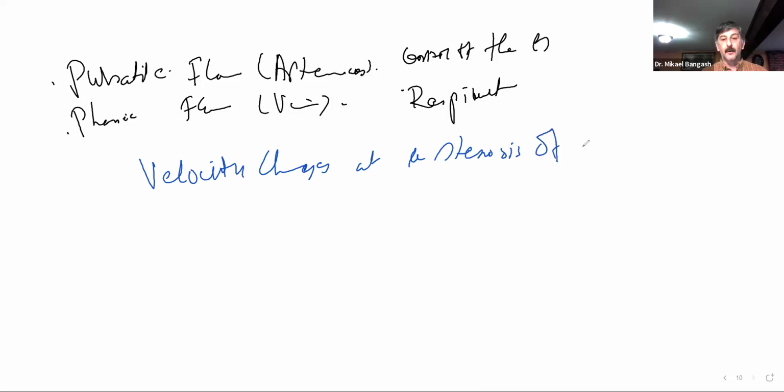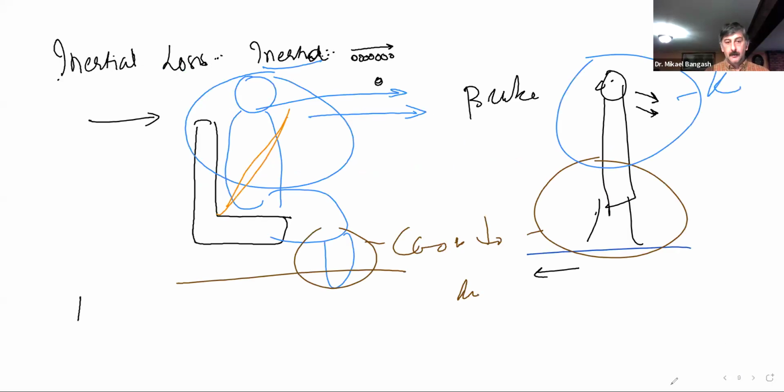And let's say of a blood vessel. Because that was pretty much what happened here. The velocity change here from, let's say, 100 miles per hour to 0 miles.